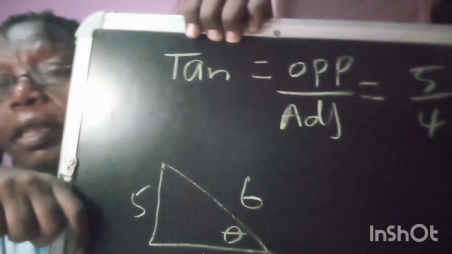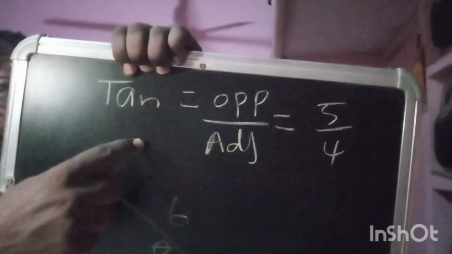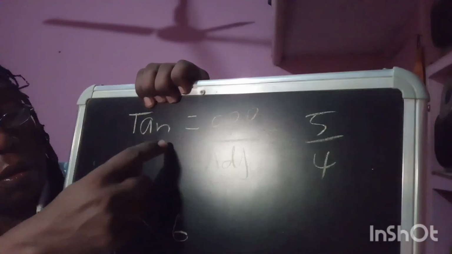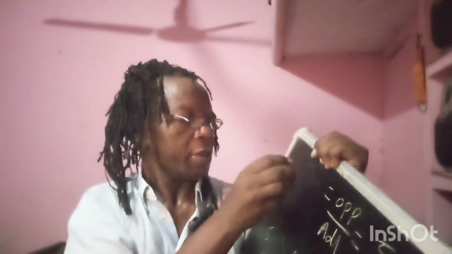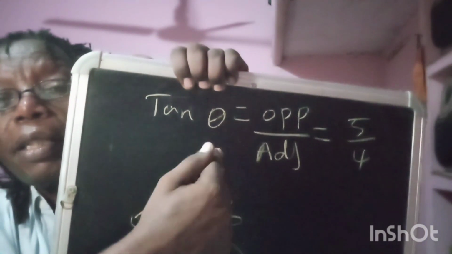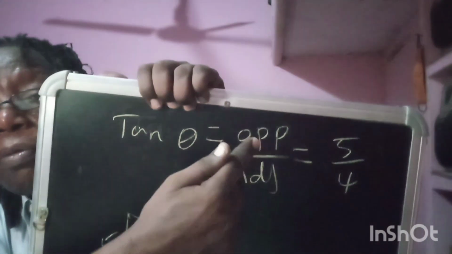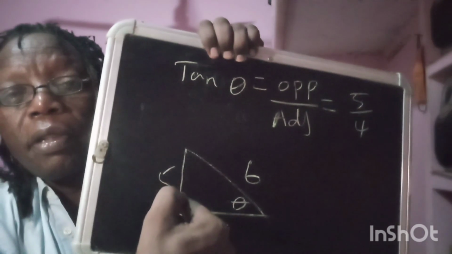So tan theta, I've shown you here, we call this angle theta. So I've not put the angle here. So tan theta, I think it's very simple.